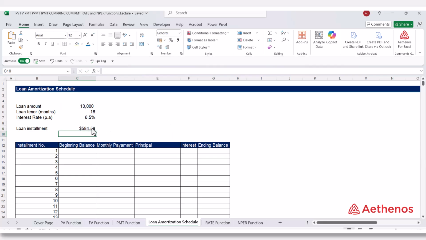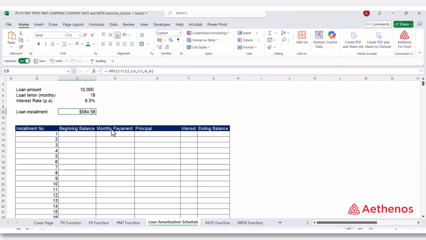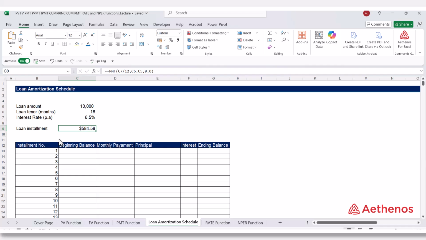So we got $584.58 as the loan installment we have to pay monthly. So we got a kind of a template here we can use to build the loan amortization schedule.